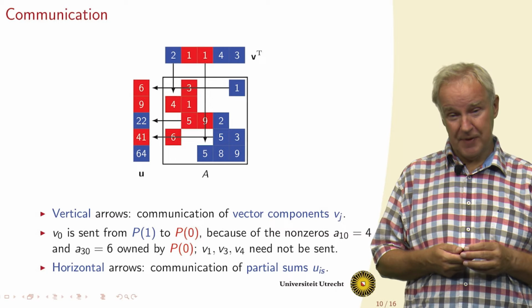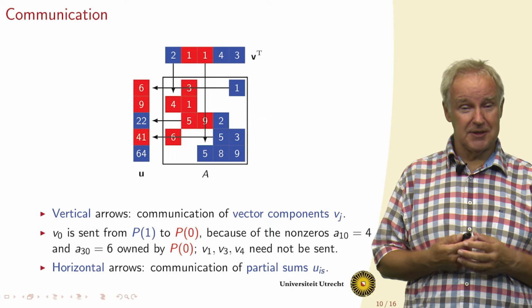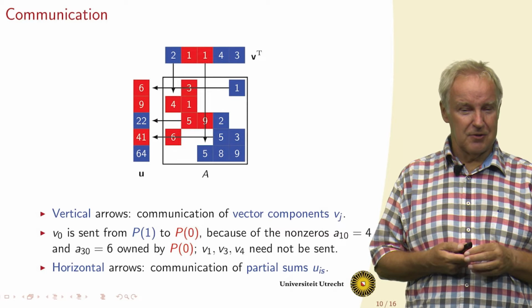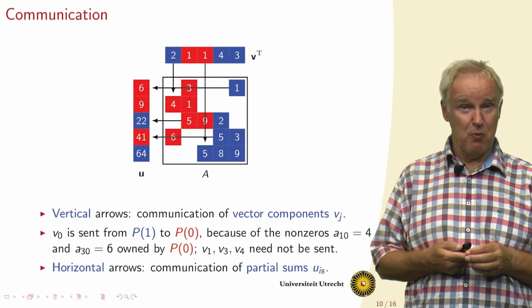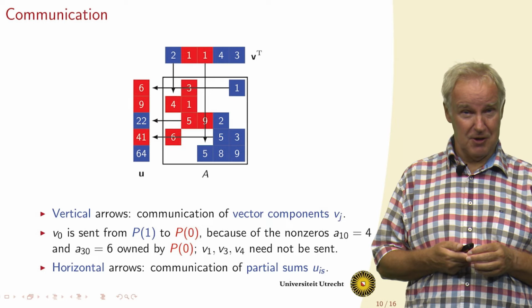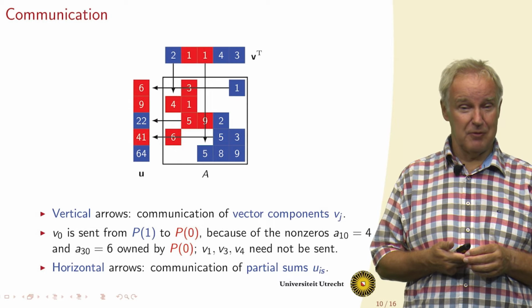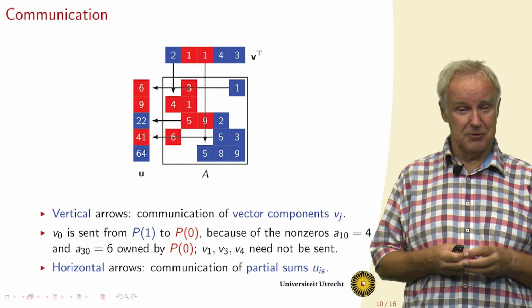And this vertical arrow means 1 data word of communication. We do not need to communicate everything. For example, in column 1, all the elements in the column are non-zero, but also the vector component v1 is red, and because of that we don't need to communicate.